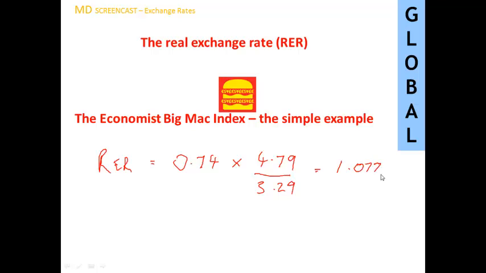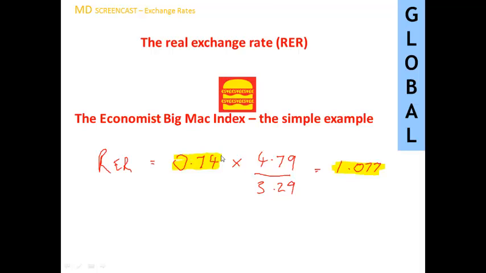So this would suggest that the real exchange rate doesn't reflect purchasing power parity, and there is greater purchasing power of one particular currency. In this case, the dollar has greater purchasing power when converted to euros, and this is reflected in the fact that the nominal exchange rate of 0.74 is probably too generous in terms of how many euros a dollar can buy.